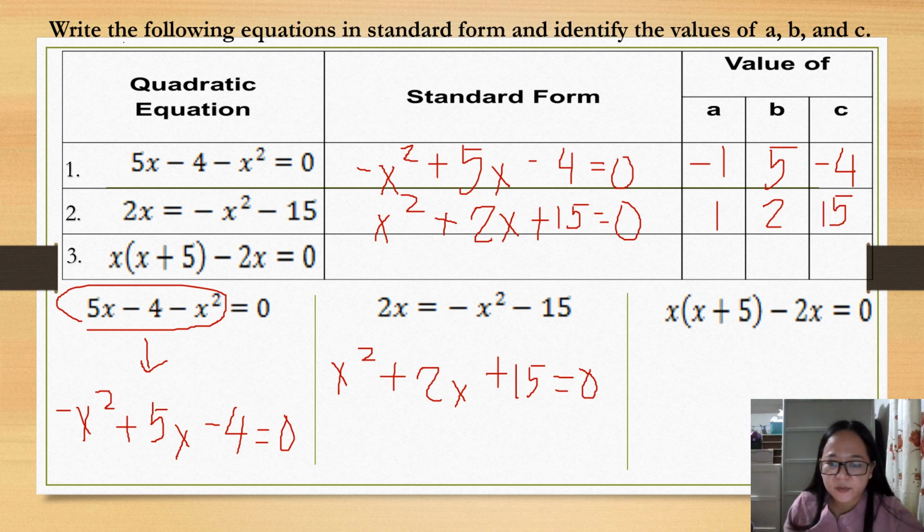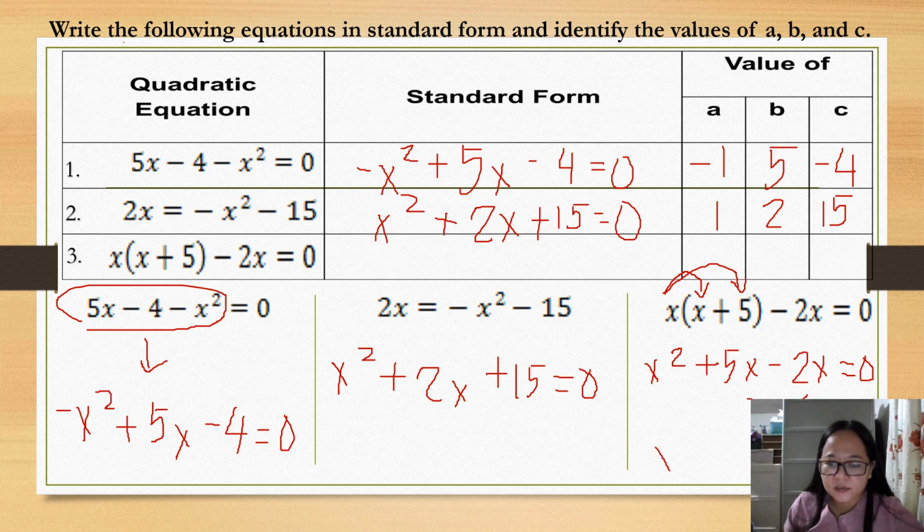For the last number, in order to write it in standard form, we need first to expand. X times x, x squared. X times 5, positive 5x. And then you bring down negative 2x is equal to 0.